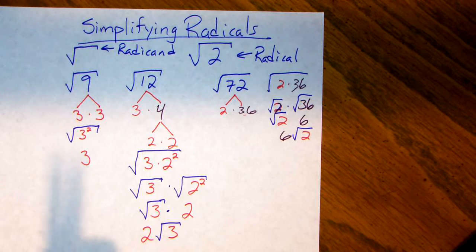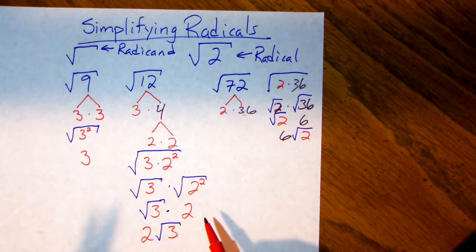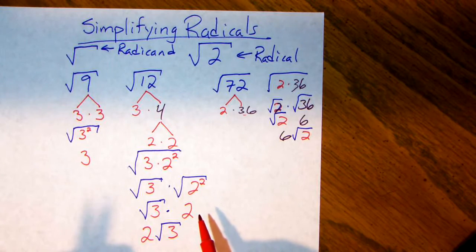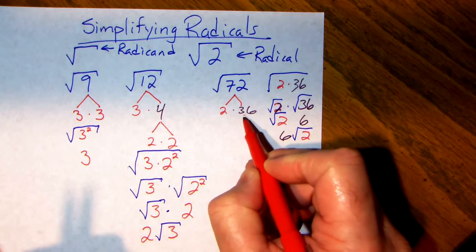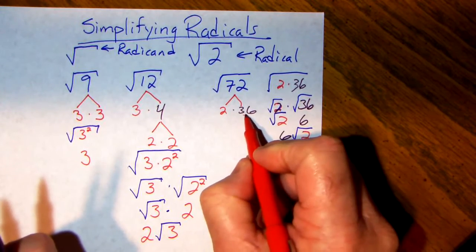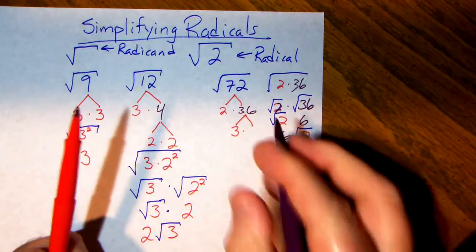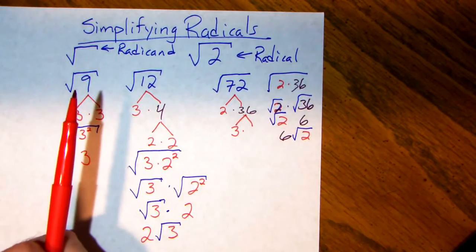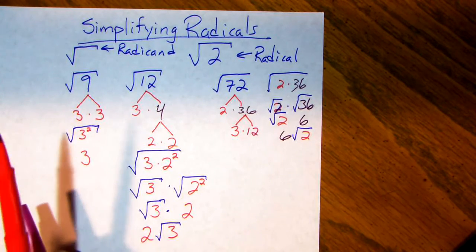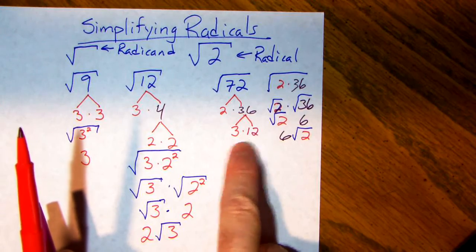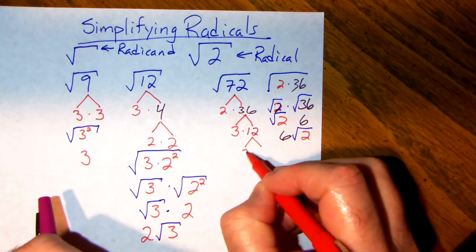So that would be a quick way of simplifying this one. But let's take this one further. Let's keep breaking this down into its smaller parts. Sometimes we may not recognize we've got a perfect square in a problem. So 36, looking at that, might be 3 times 12. Well, 3 is a prime number, so we're done with that one. But 12 is not a prime number, so we're going to keep going.